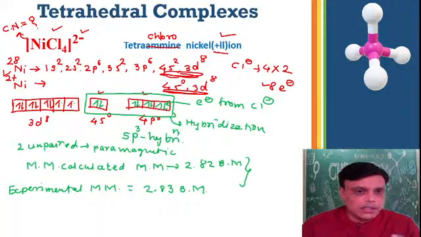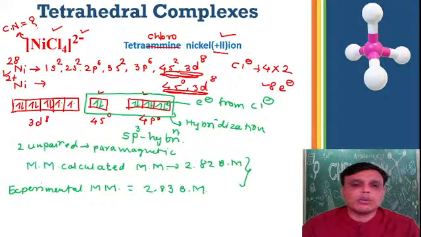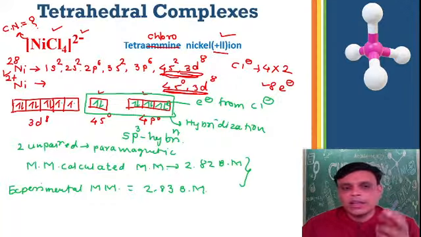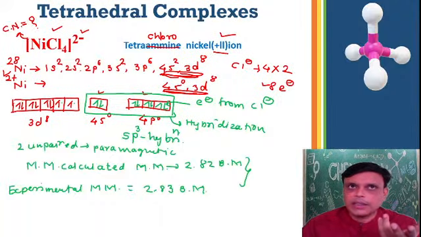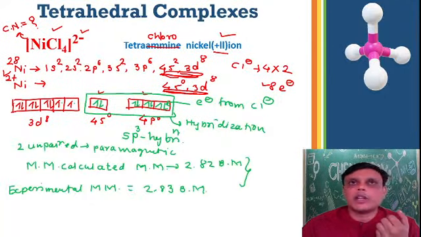Okay. Now this calculated magnetic moment is calculated by using the spin only formula, that is under root n into n plus 2. Now this experimental magnetic moment means by using an experiment. Last year we studied how to calculate magnetic moment by using an experiment.